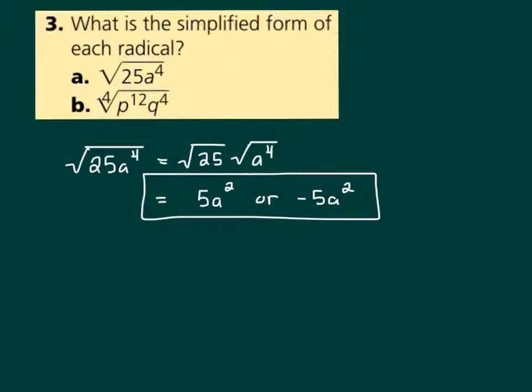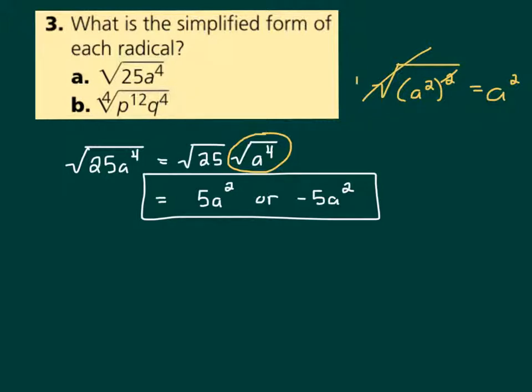Now, there are a couple ways to think about this. You could think about that as the square root of a squared squared. And like we had with that negative 17 example, if you have the square root of something squared, then this goes away and this goes away, we're left with a squared.